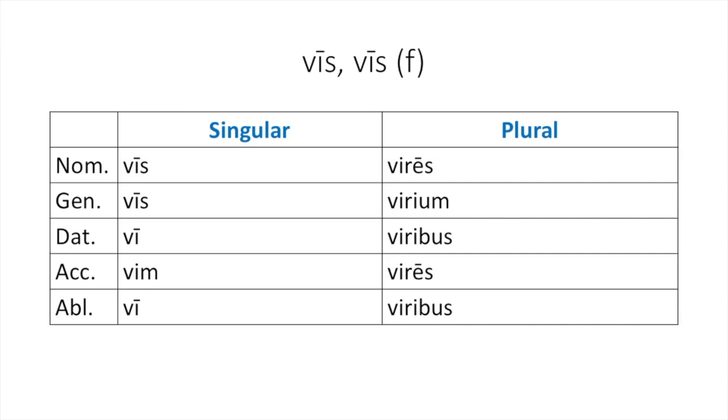So the forms are vis, vis, vi, vim, vi, and in the plural, vires, virium, viribus, vires, and viribus. Once you've copied these down, you can move on to the next slide to check your understanding.